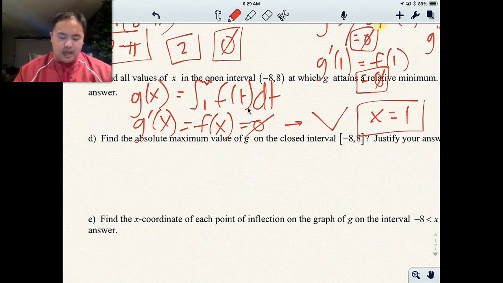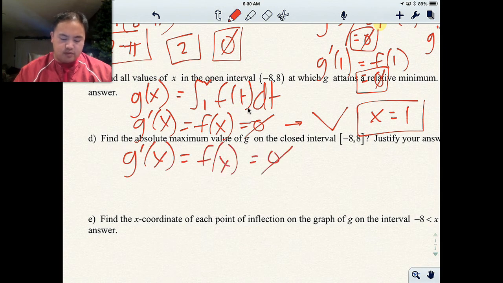This one says find the absolute maximum value of g. All right. Absolute max is the same thing as relative min and max, but then I'm going to try to find the biggest value. So if you remember absolute max versus relative min and max, same thing. I take the derivative, which is f of x, set it equal to 0. I need to go from positive to negative.